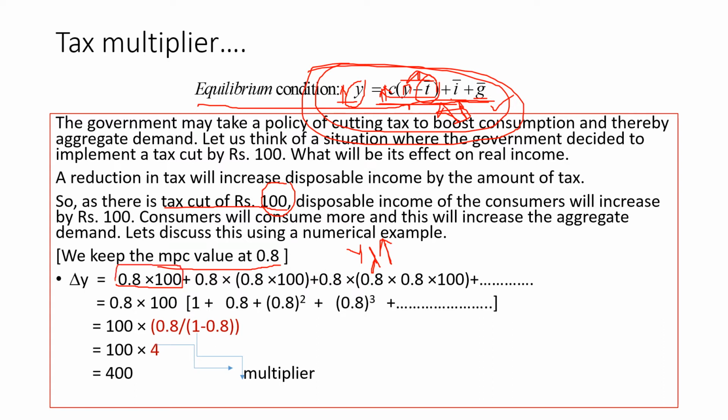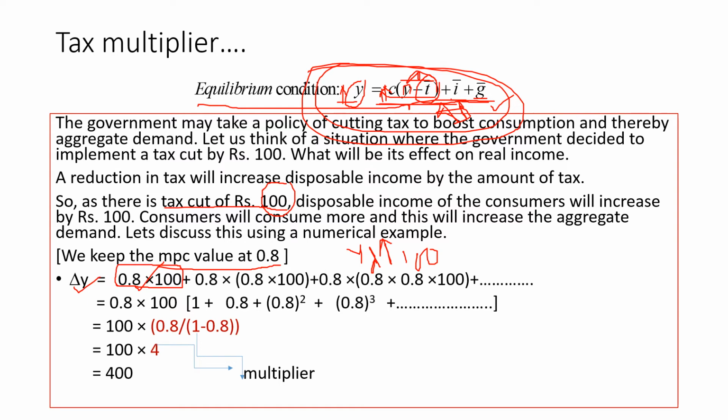Out of this 100 rupees increase in disposable income, you decided to consume 80 rupees more and save 20 rupees. So this is the first round. If aggregate demand increases by 80 rupees, because consumption is increasing by 80 rupees, then income also increases by 80 rupees in the first round.